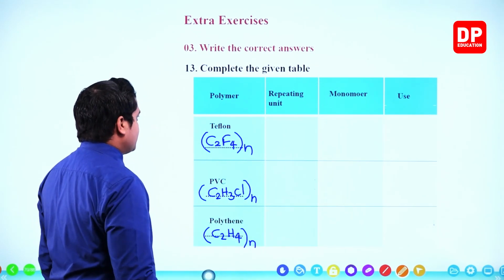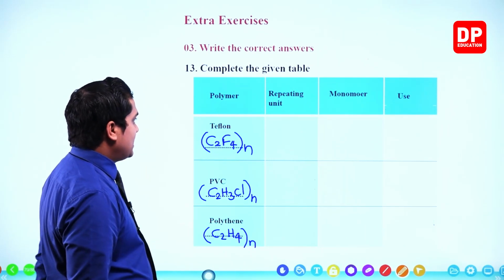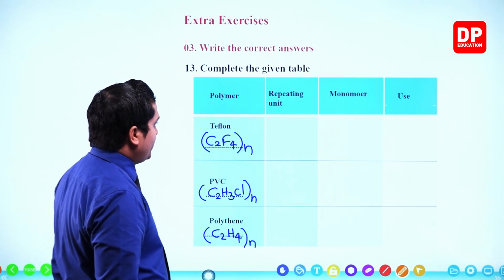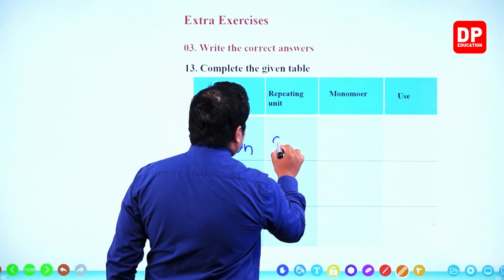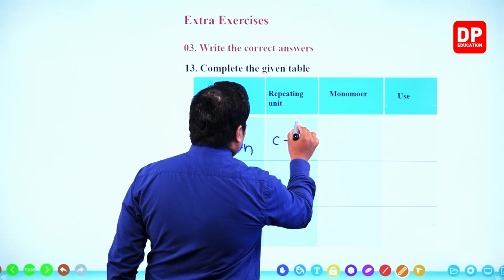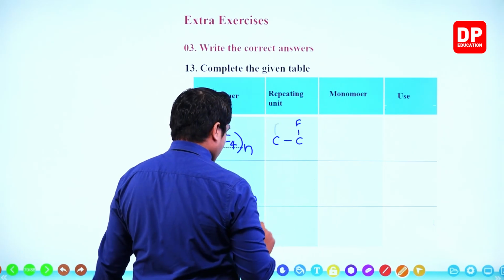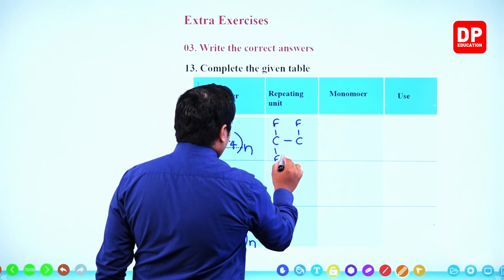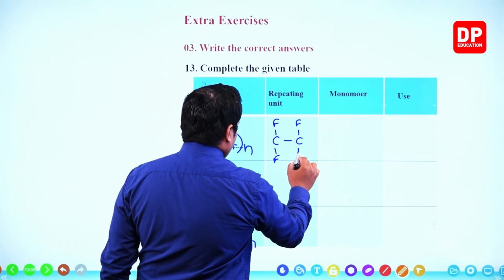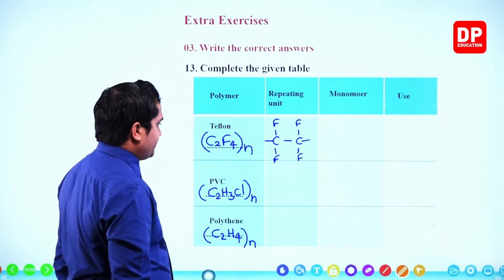So, it's because this is the polymer, my dear children. So, we have to include N as well. So, the repeating unit is like this. Fluorine, fluorine, fluorine, fluorine. This is the repeating unit.